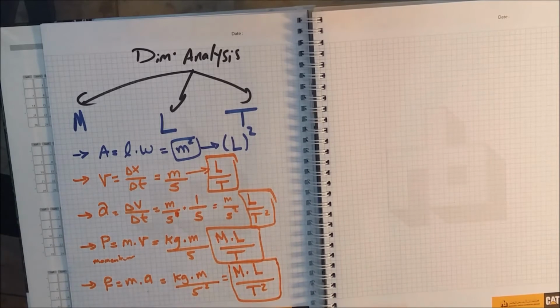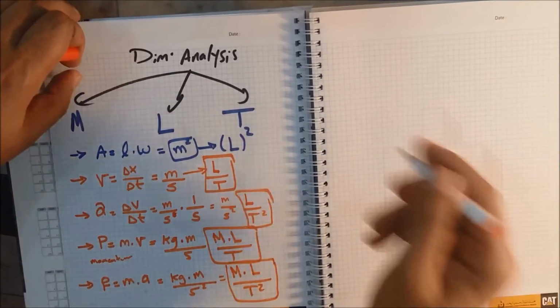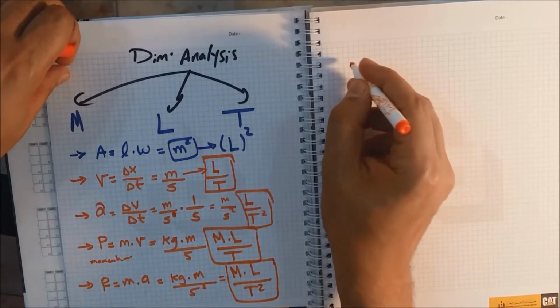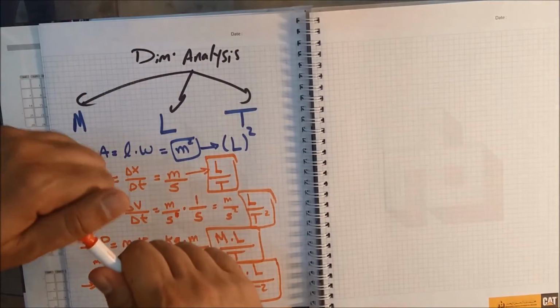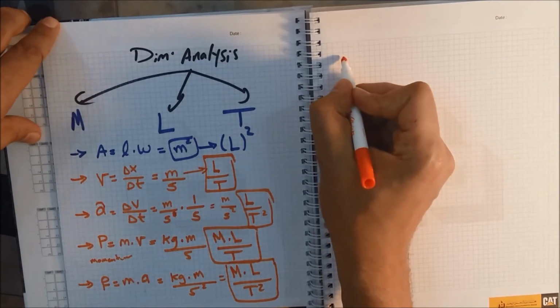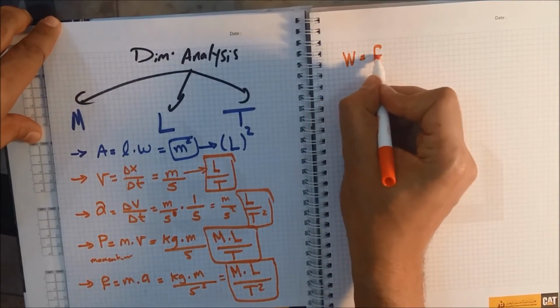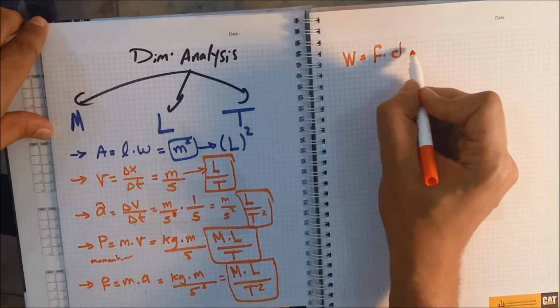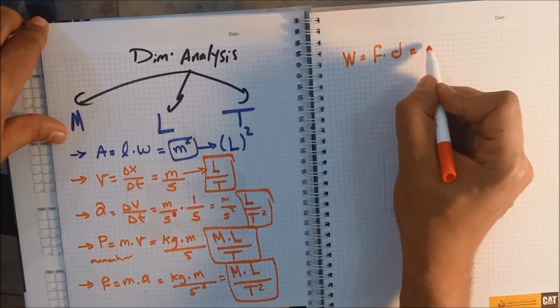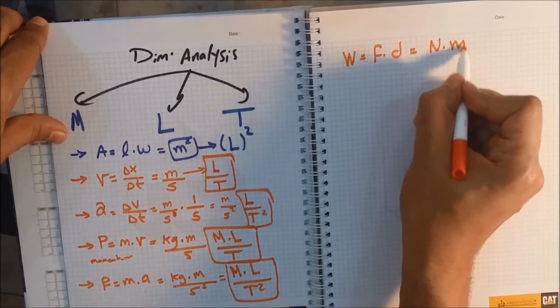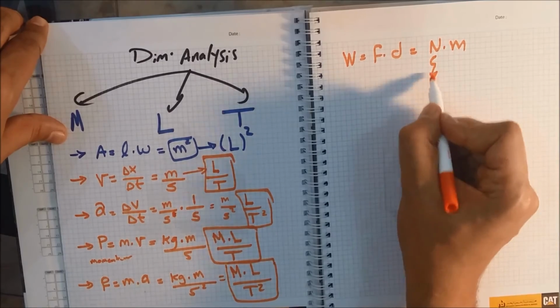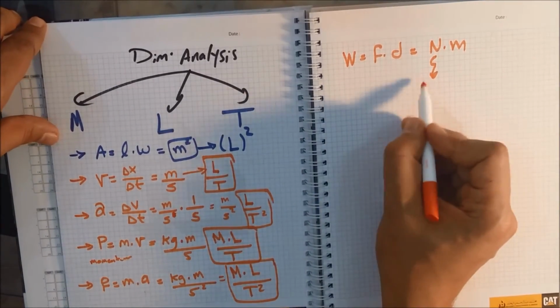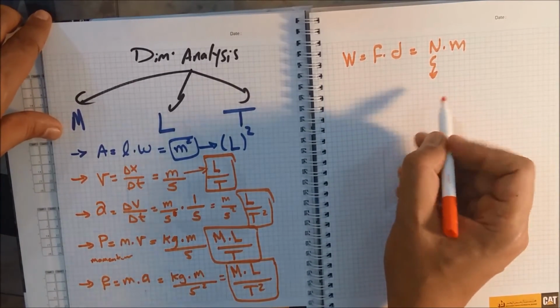Let's have more examples. For example, let's say that I need the dimensional analysis of work. Work is equal to F times D. So it is newton dot meters. But again, I need to get the newtons in more detailed units.